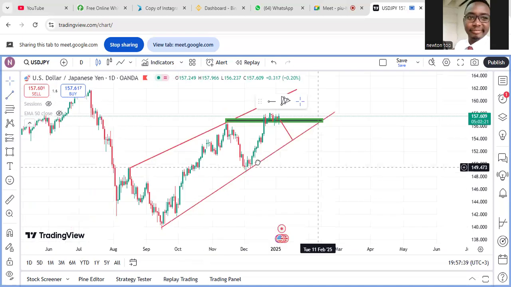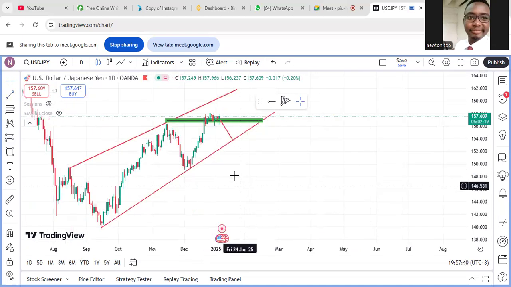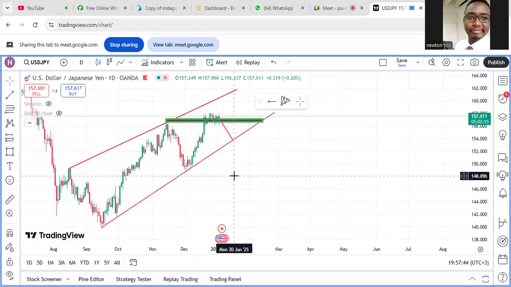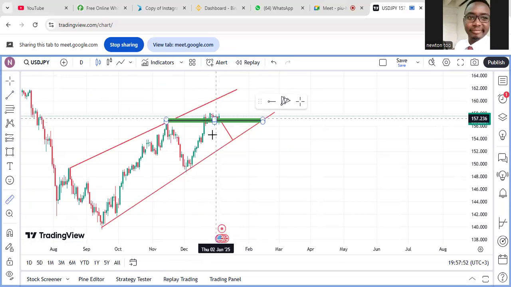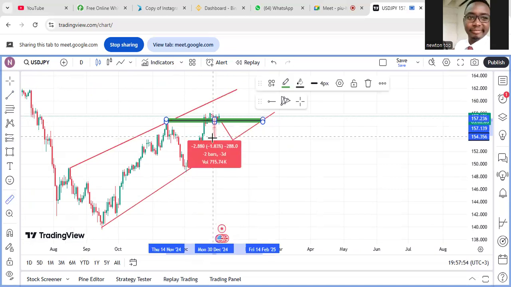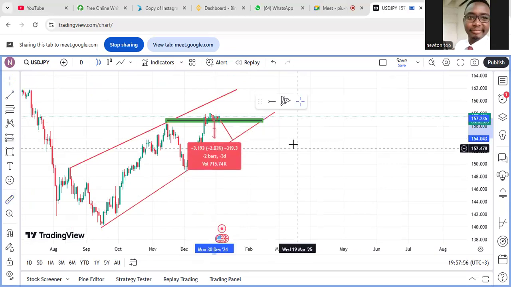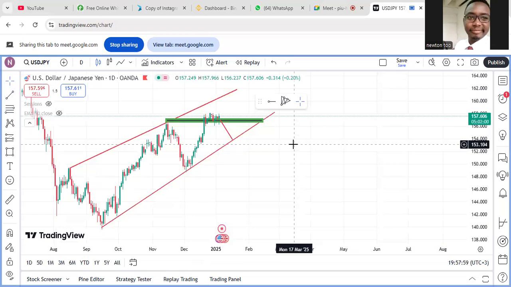So I'm expecting a very strong downtrend, but not maybe a long-term sell. No. It's kind of a short-term trend. Like how many pips? Let's check together. Expect something like 300 pips on sell. This one is on a higher time frame.